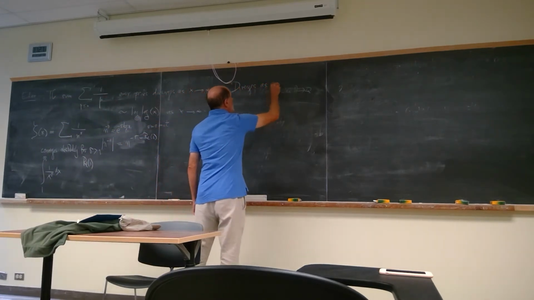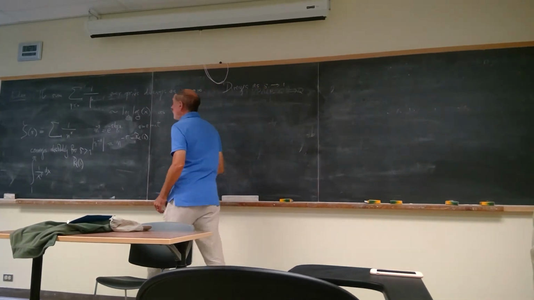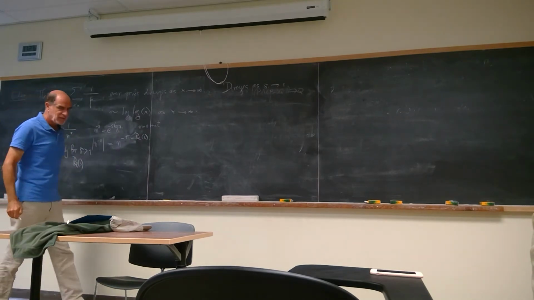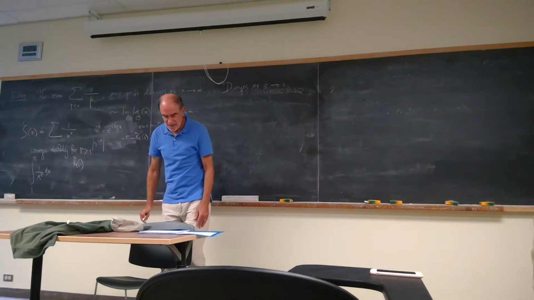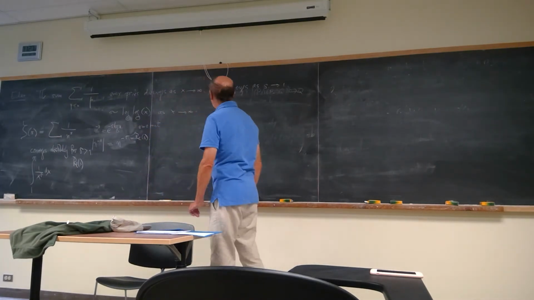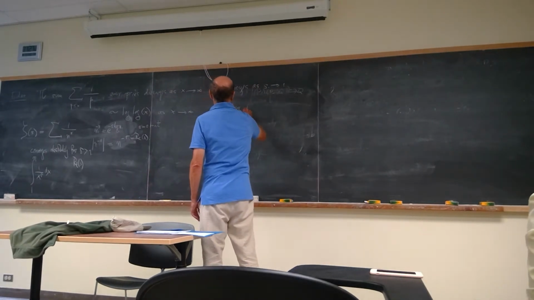As sigma approaches 1, or as s approaches 1, the sum gets larger and larger, because if you take s equal to 1, you get the harmonic series. So what Euler discovered was this beautiful product formula, and we now call that the Euler product.